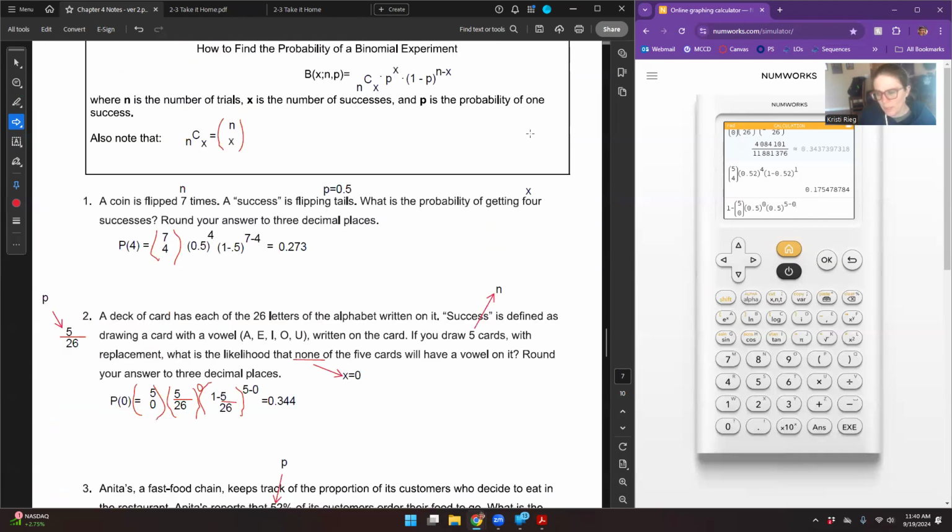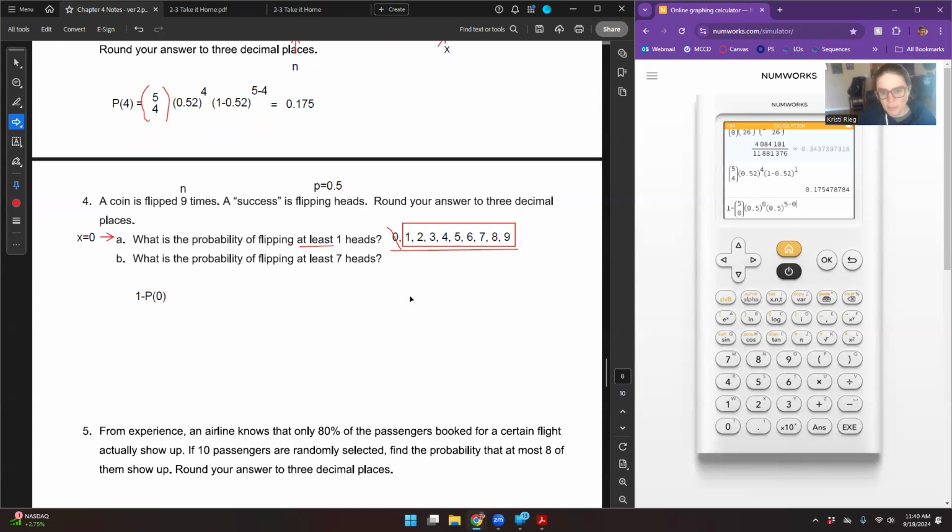I mixed one. Double check. Yeah, P is to the X power. Okay, P is to the 0 power. So I have 1 minus all.